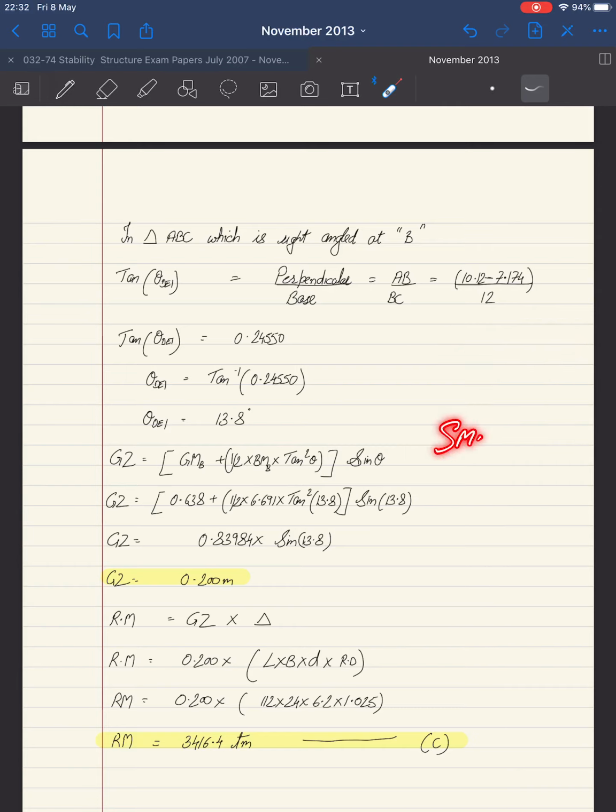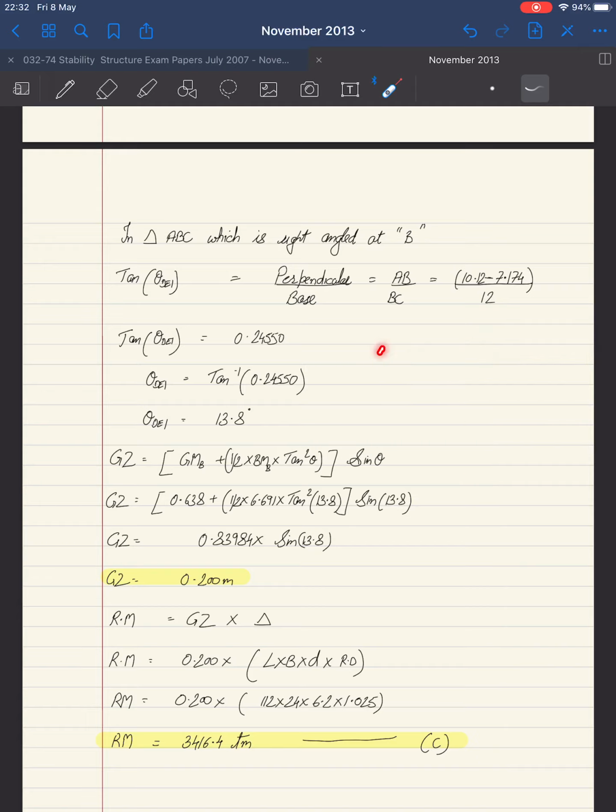So we cannot use this formula. And we also cannot use GZ equals KN minus KG sine theta, because we don't know the KN value. So these two formulas have been eliminated. The only thing we are left with is the wall-sided formula.